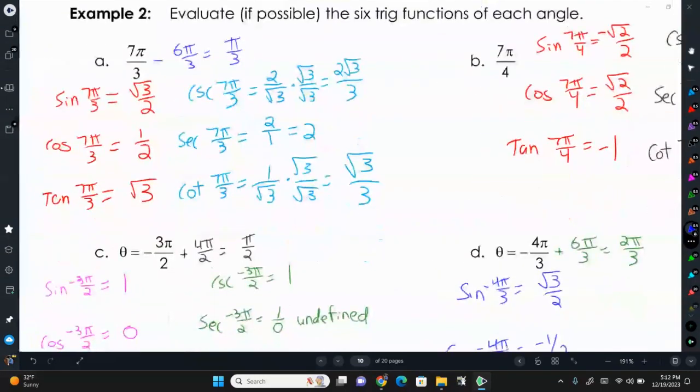So we did a pi over 3 family up here. So we have our cosecant, our secant, and cotangent values. We just have to adjust the signs for quadrant number 2 as opposed to quadrant number 1.